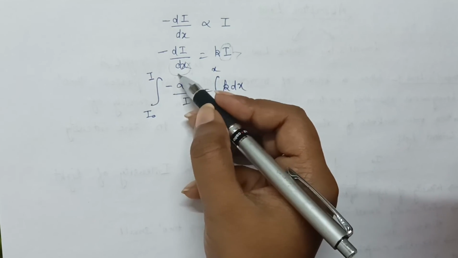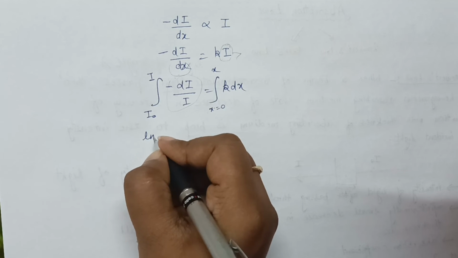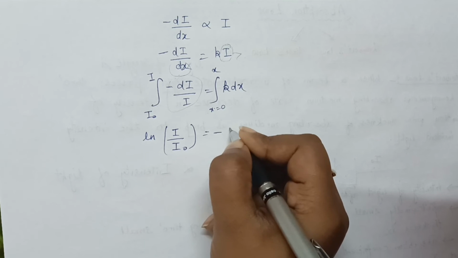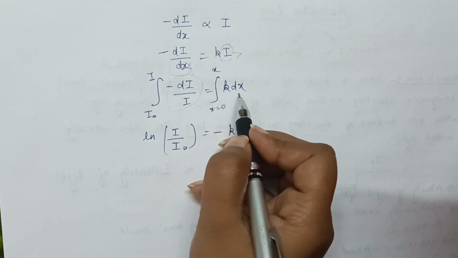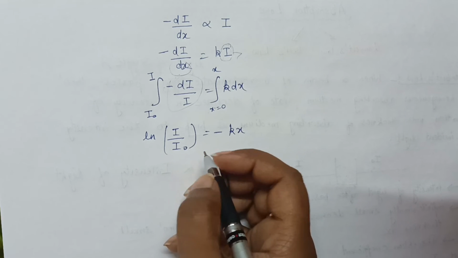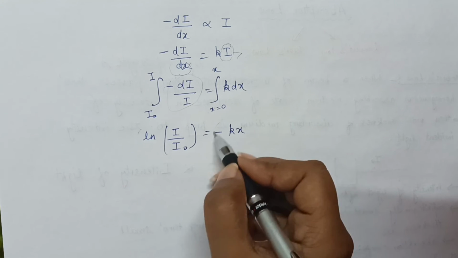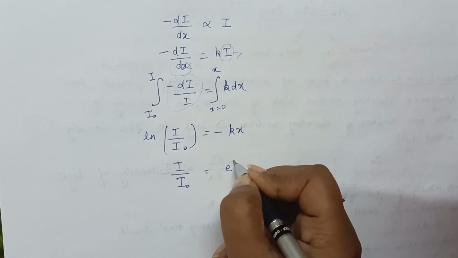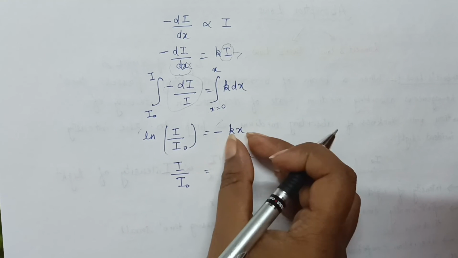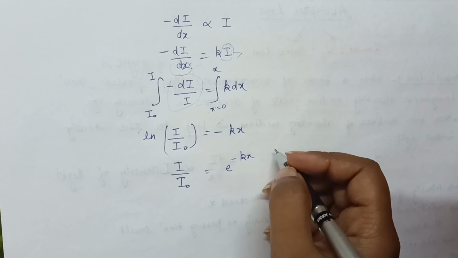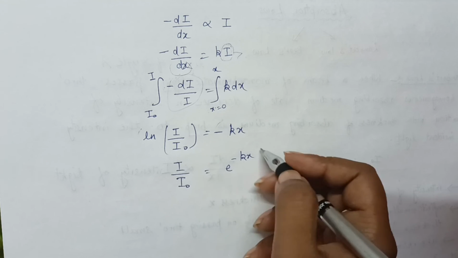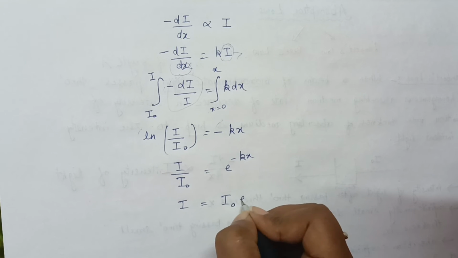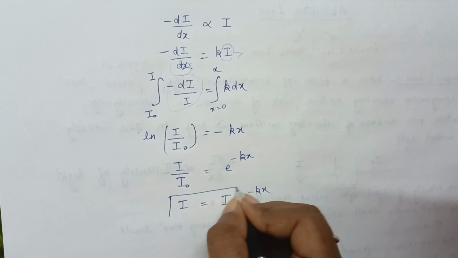We will get log of I upon I naught equals minus kx. I have taken this negative sign over here. When we remove the log, it becomes e to the power, so I divided by I naught equals e to the power minus kx. From here we want the value of intensity I, so I will be equal to I naught e to the power minus kx.